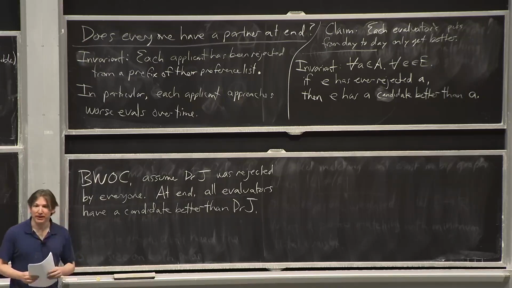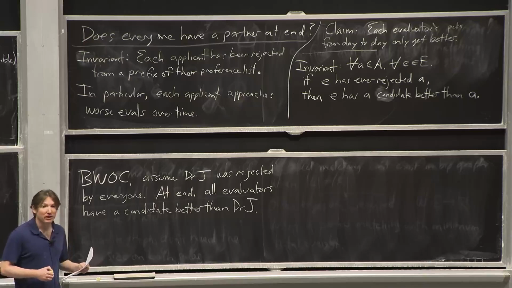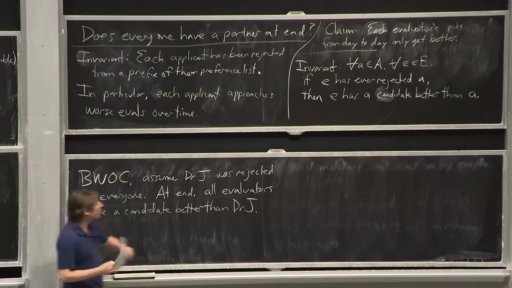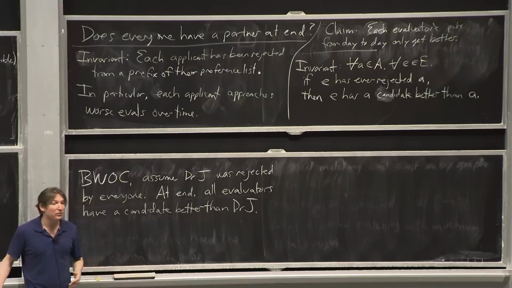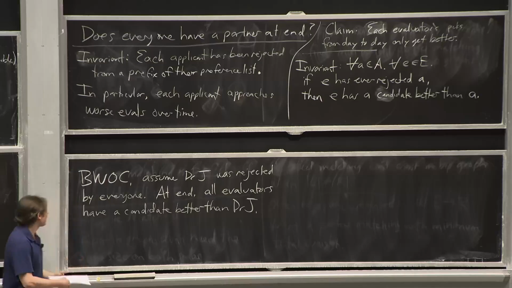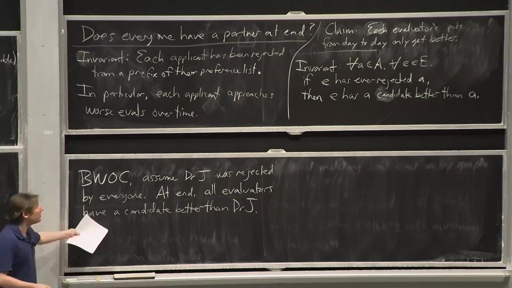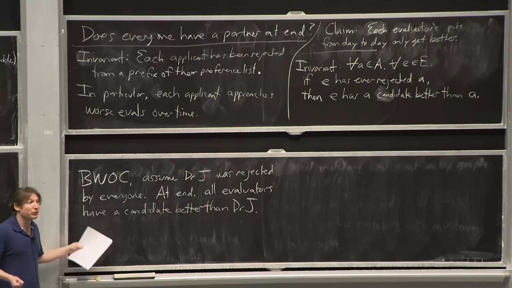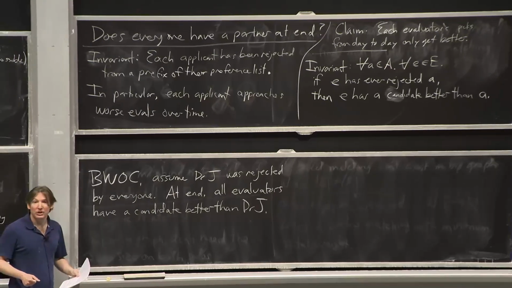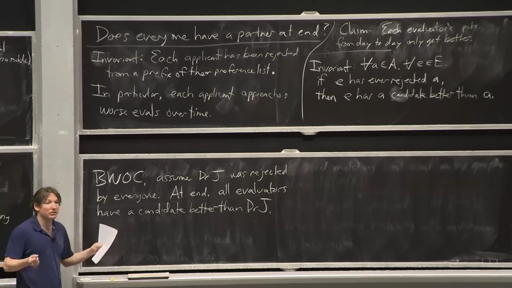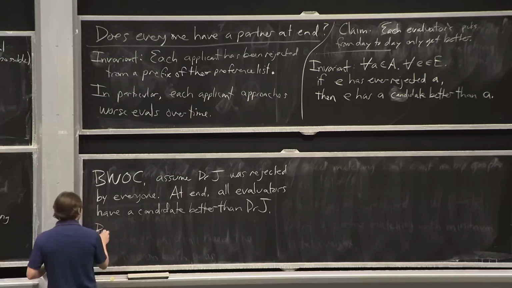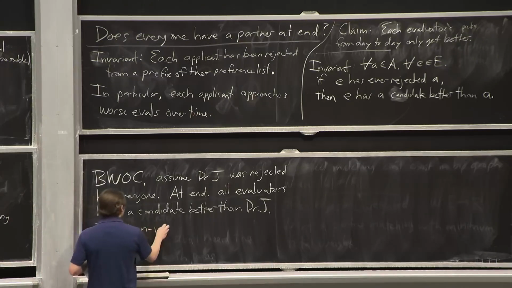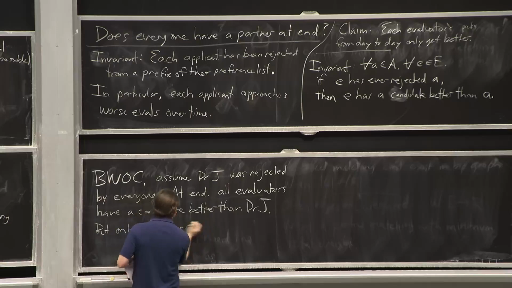But there aren't enough people for that. There are n evaluators and n applicants, and if Dr. Jekyll isn't paired with anyone, then there are only n minus 1 other applicants that can possibly have partners. So it can't be that all n of the evaluators finish with a partner better than Dr. J, because there are only n minus 1 other applicants.